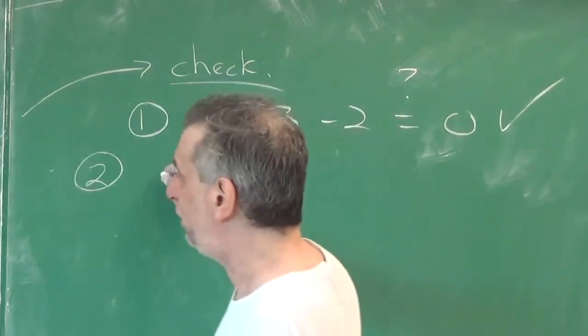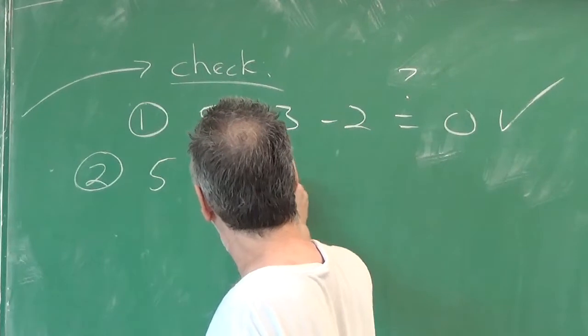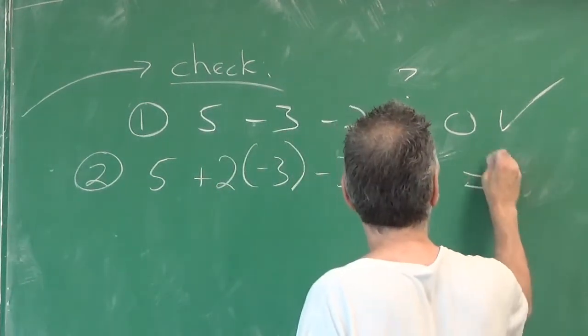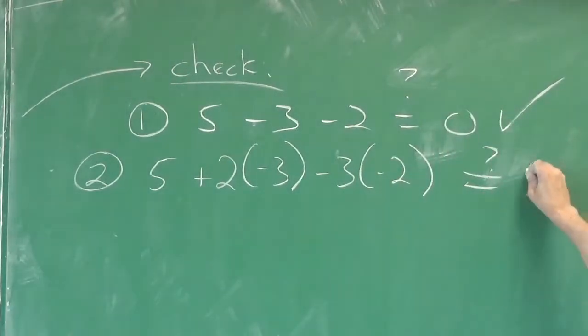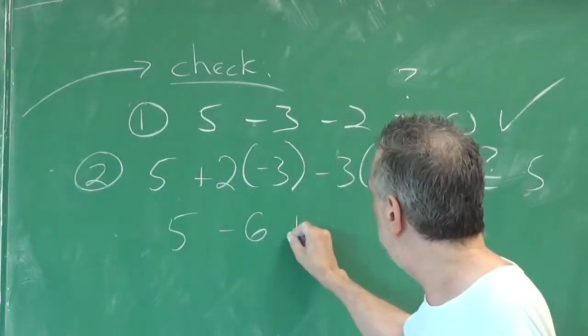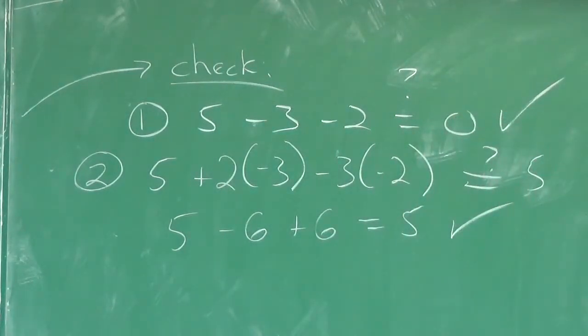So second equation, x plus 2y minus 3z. We want to know, does that equal 5? So we got 5 minus 6 plus 6, and that does equal 5. So the second equation checks.